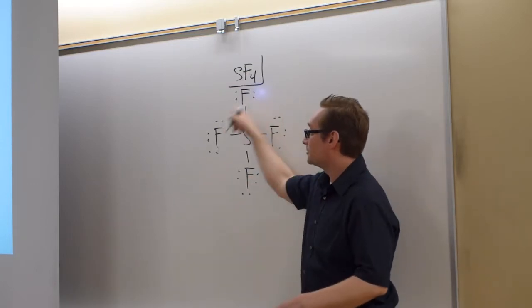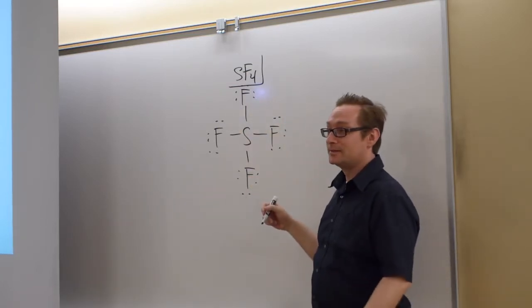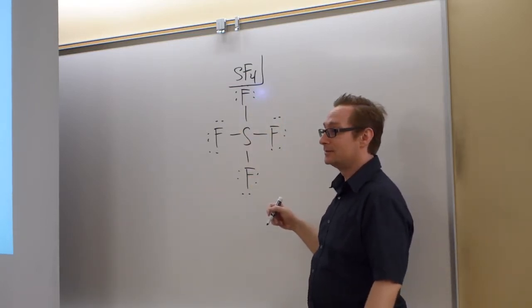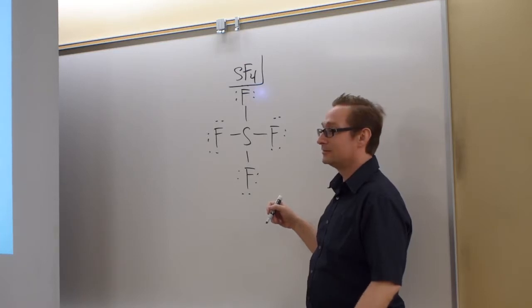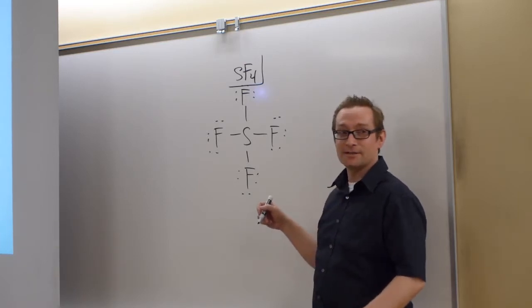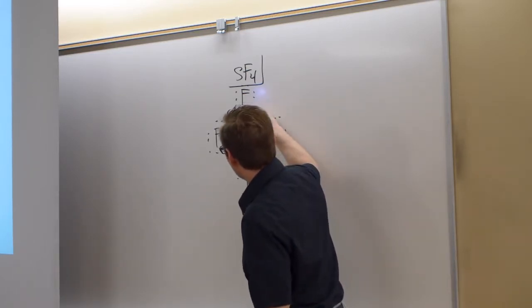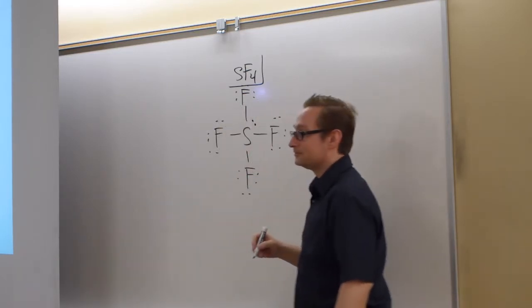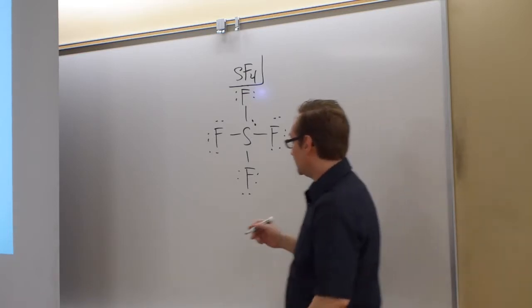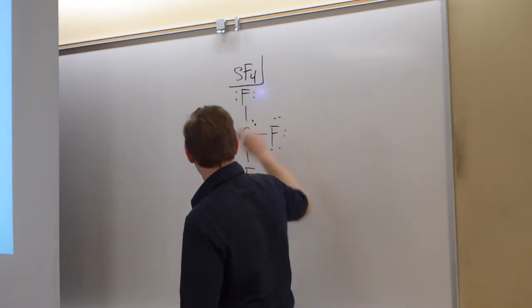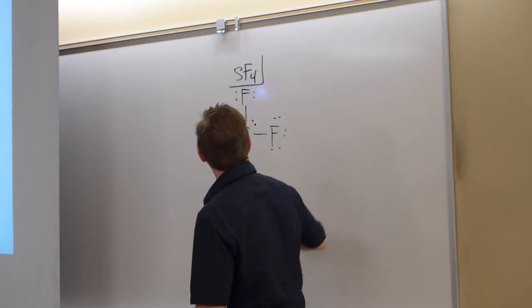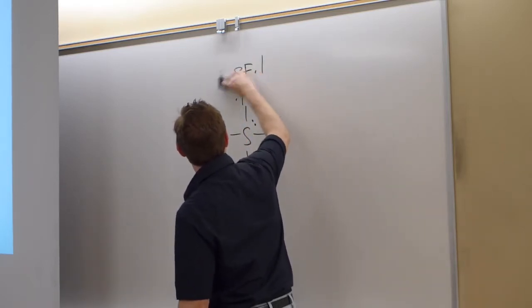How many have we assigned so far in this? We've assigned 32 so far. So at this point, we end up having to put a lone pair on the sulfur.